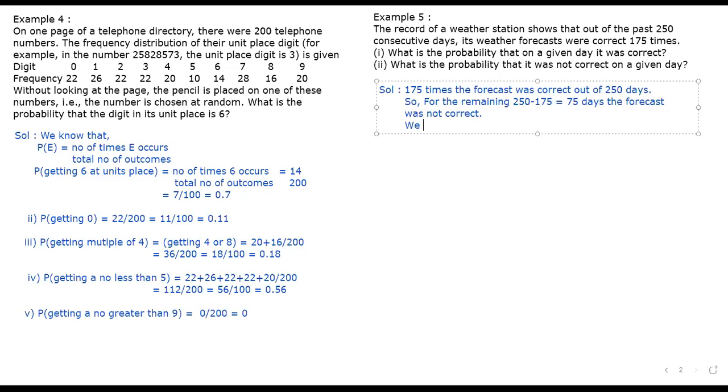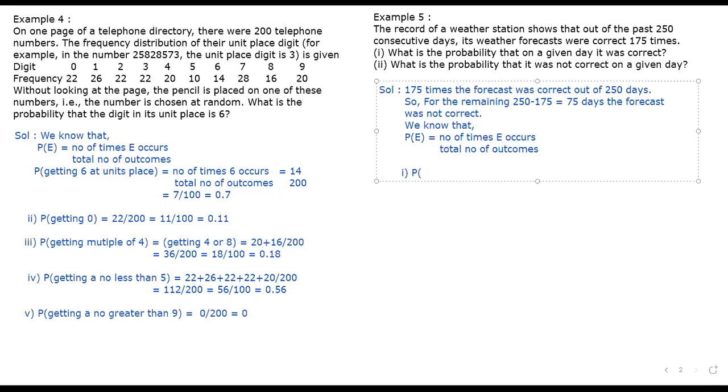Now, we know that P of E is equal to number of times E occurs upon total number of outcomes.